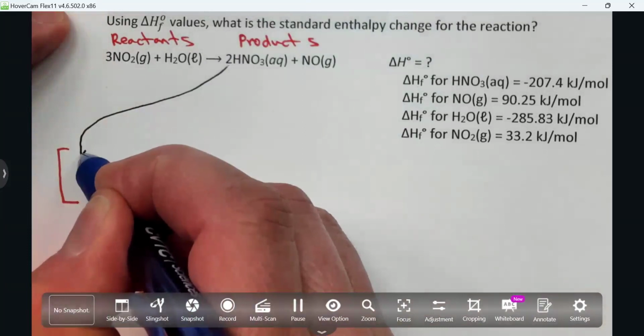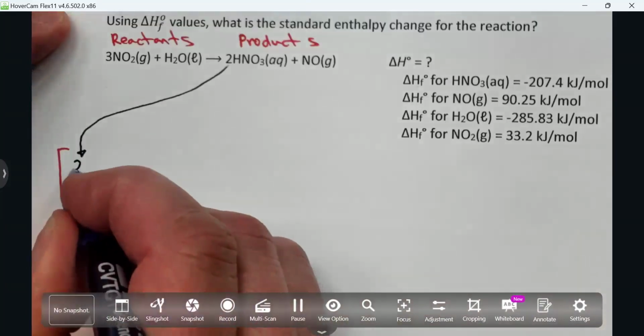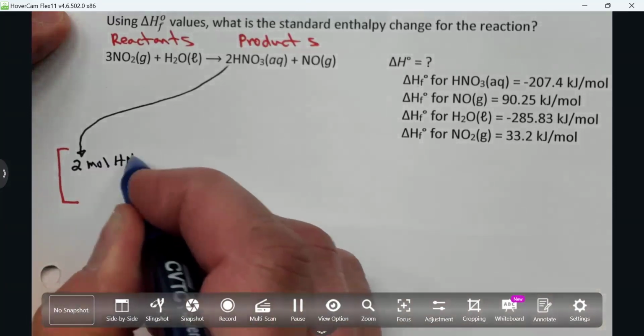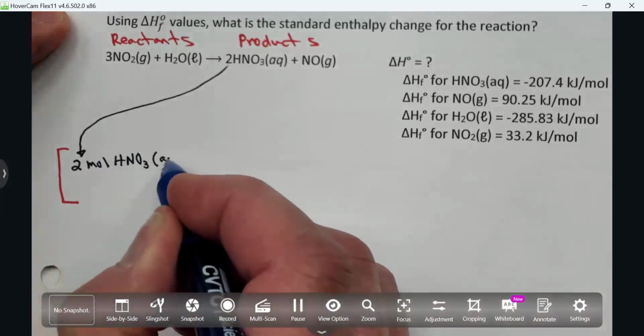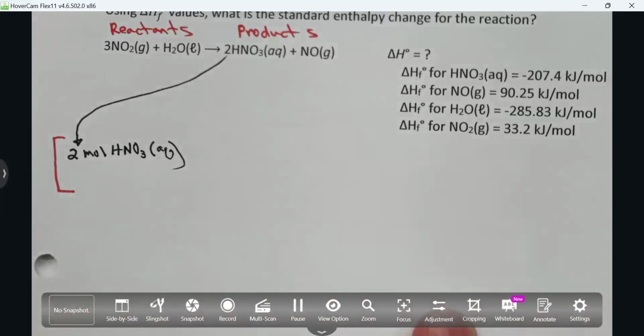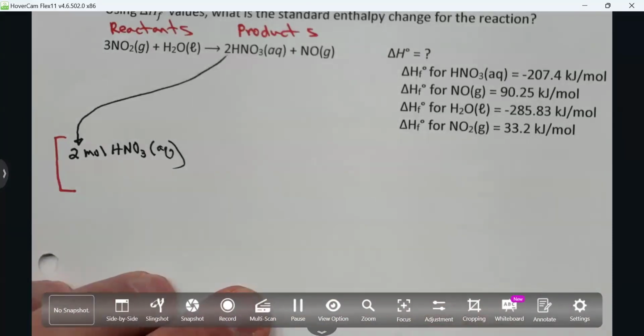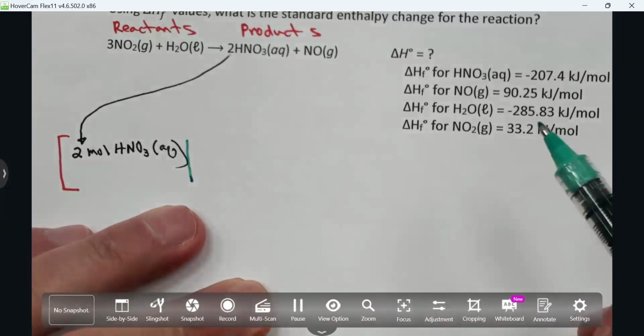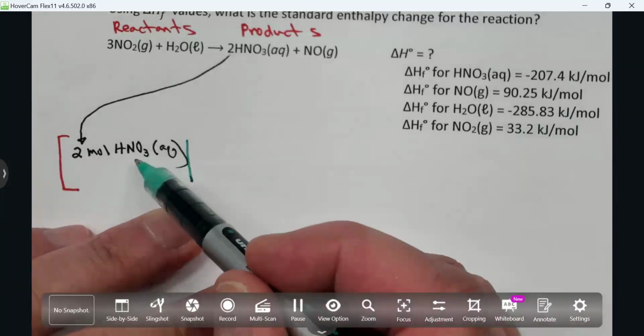From the balanced equation, it is 2 mole HNO3 aqueous, then how much heat energy is needed to make HNO3 aqueous?